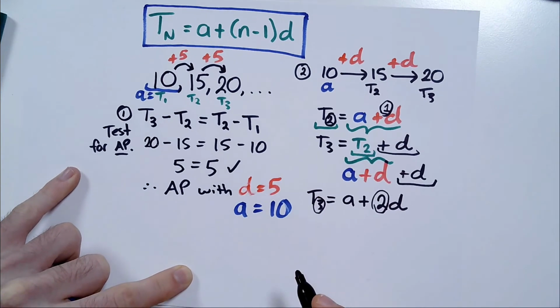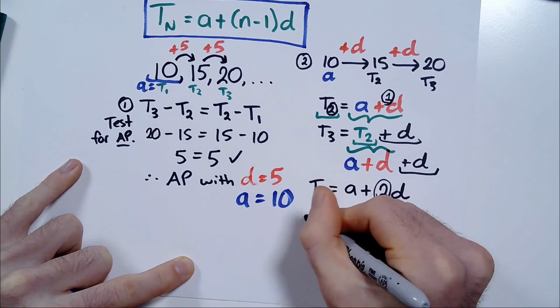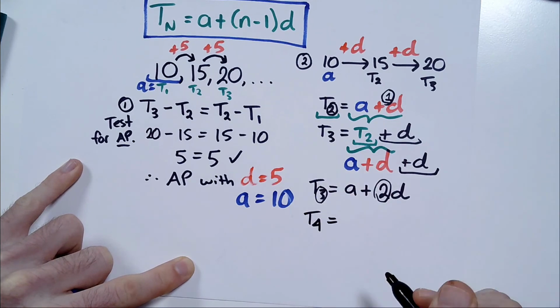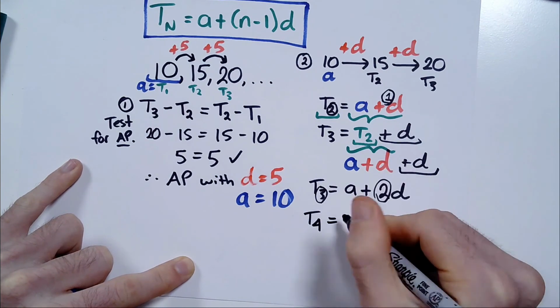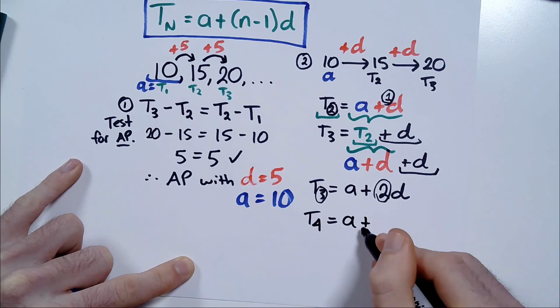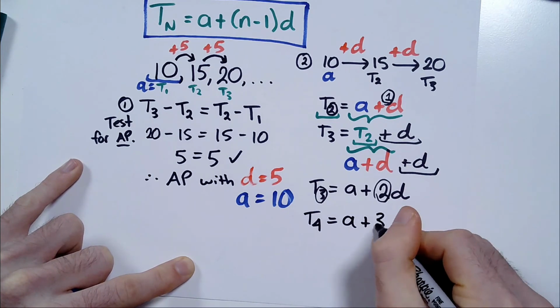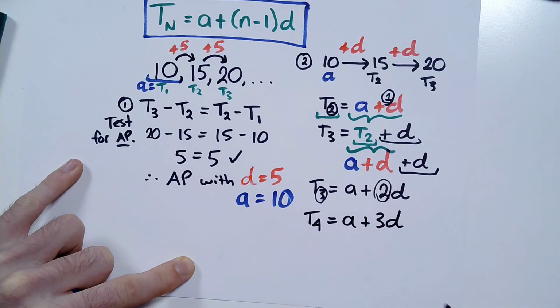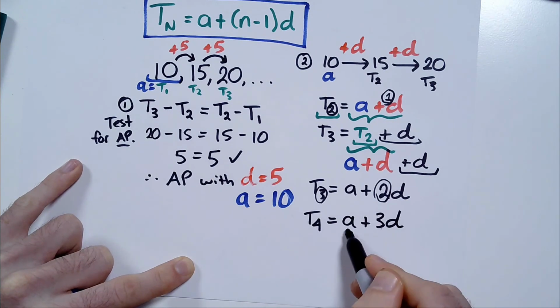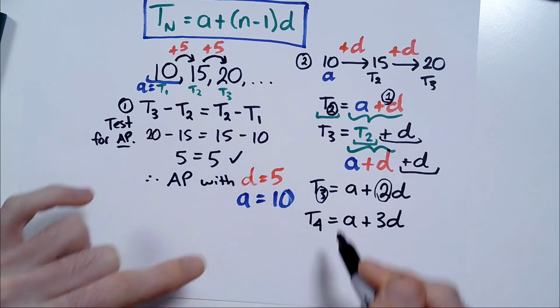So if you want to find any term, for instance, the fourth term, it seems that the pattern tells us to do this. Get the first term and add 1 less of that number times the difference. So for 4, I'm going to put 3. Hopefully you got that. Because the 4 is there, it means I have to add 3 of the difference plus that first term. So that's the pattern that we're seeing.